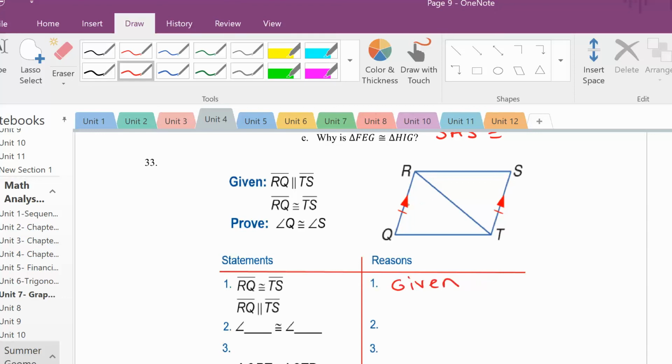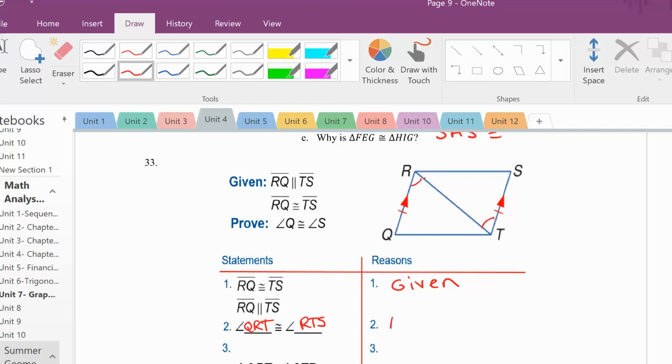Now, because RQ is parallel to TS, angle QRT, so this angle right here, is congruent to angle RTS.